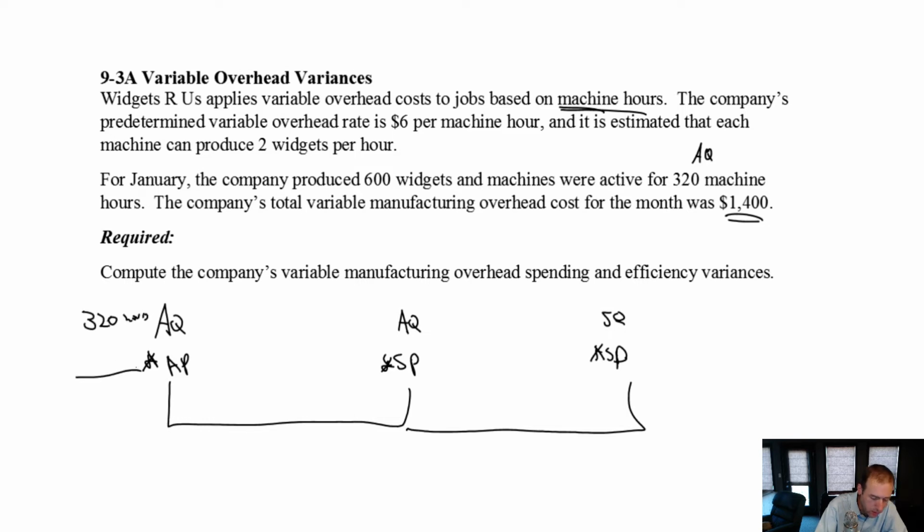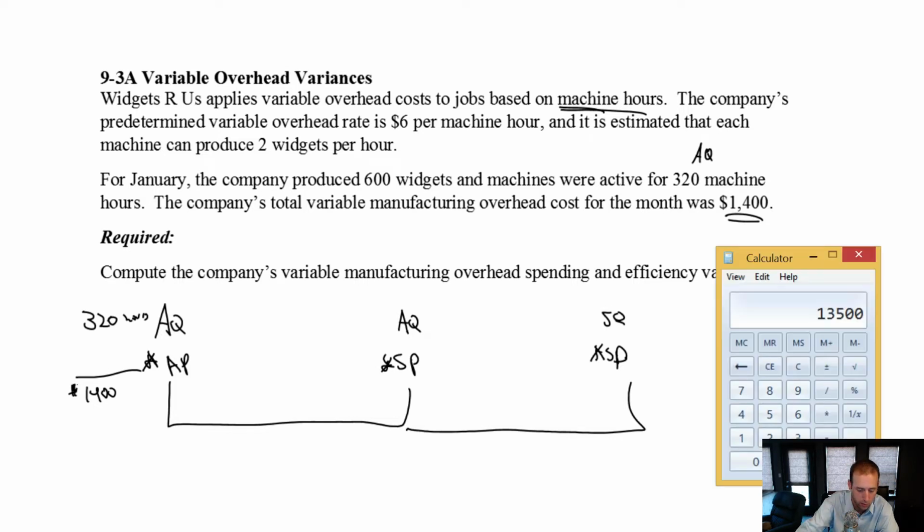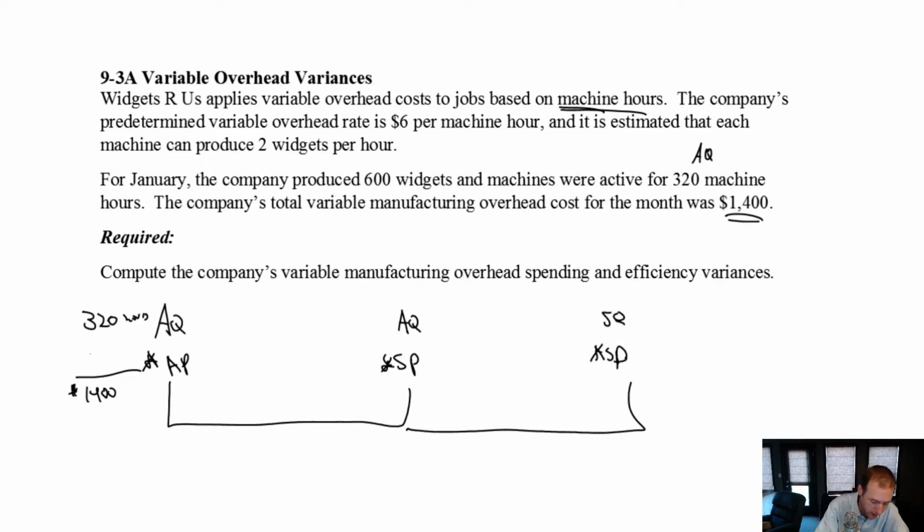Our actual price per machine hour, we don't know, but we know we paid $1,400 in variable overhead, so we can kind of work backwards and figure out what our rate was. It was 1,400 divided by 320, which is 4.375 per hour. Now, our actual quantity, again, is 320.